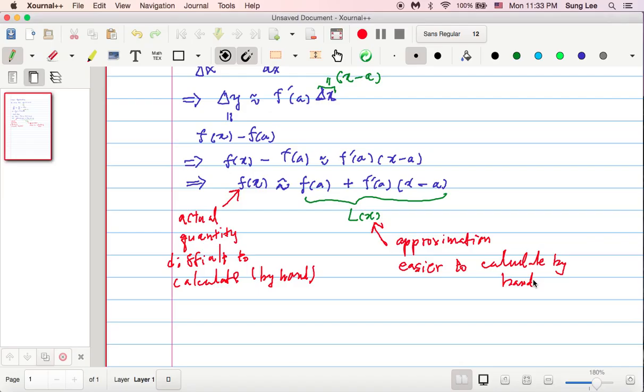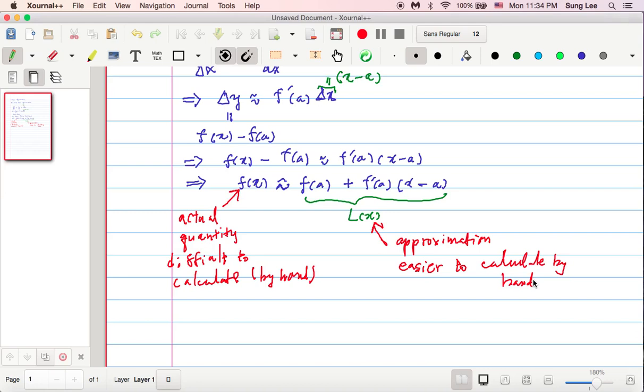The reason we are studying this is the following. This kind of method was used a long time ago when people did not have calculators. People had to calculate, for instance, and we are going to talk about it later, the square root of, let's say, 3.98. 3.98 is not a perfect square, so you can't just simply calculate it, and there was no calculator.